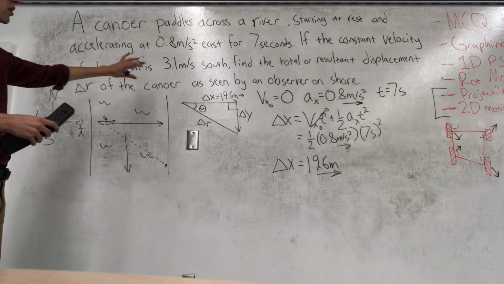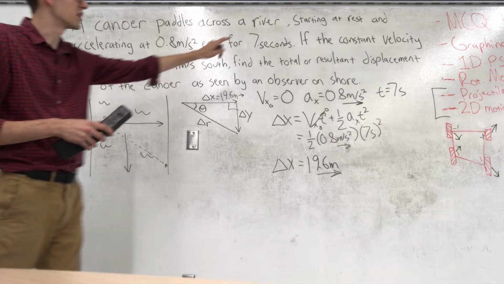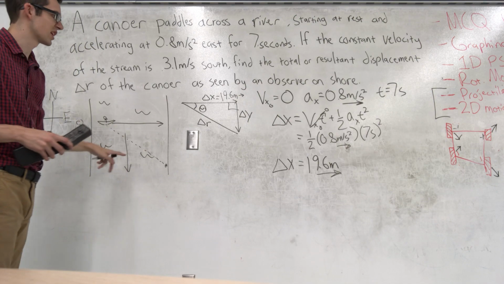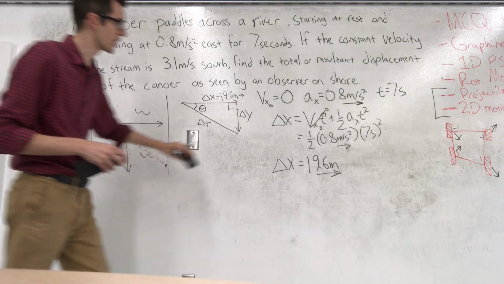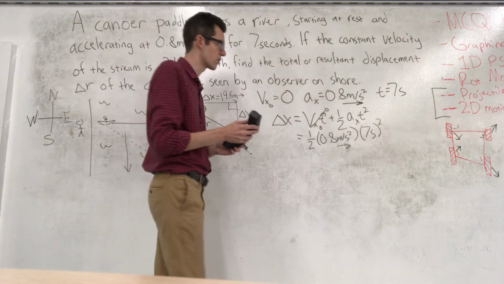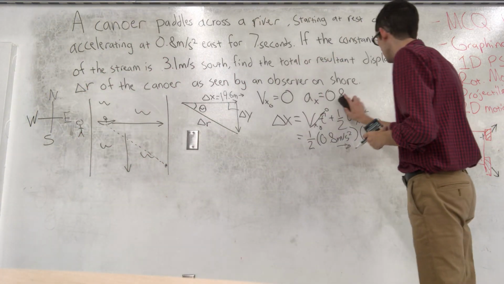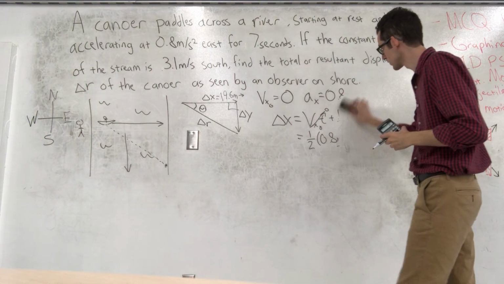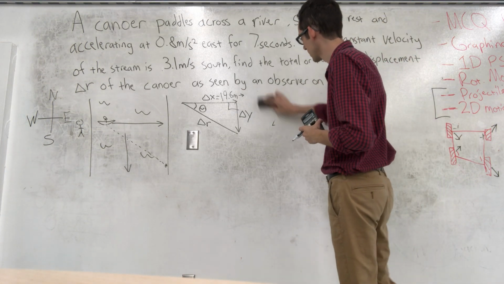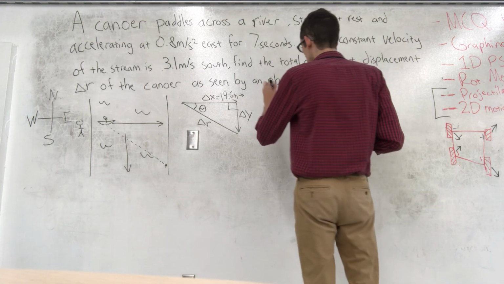We have a little bit more given information. They said the constant velocity of the river is 3.1 meters per second south. So with a constant velocity, let's go ahead and erase this x equation to make room for our y, and we'll solve for delta y. So we still have our time.